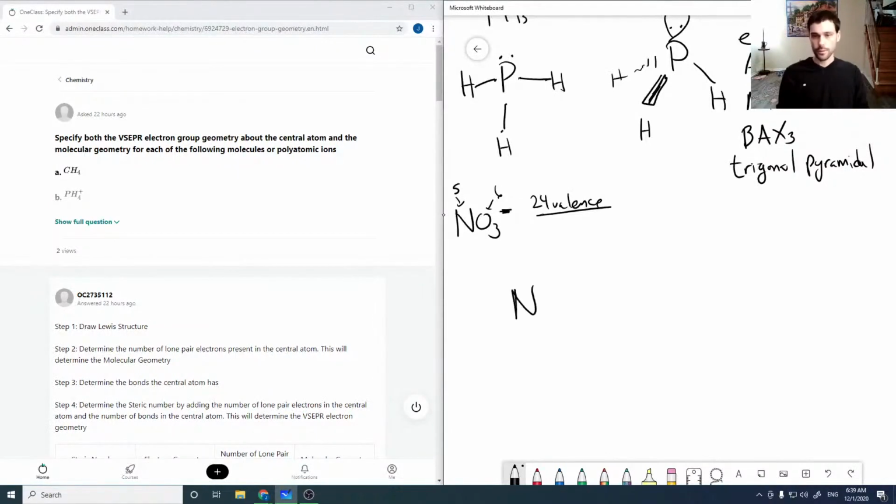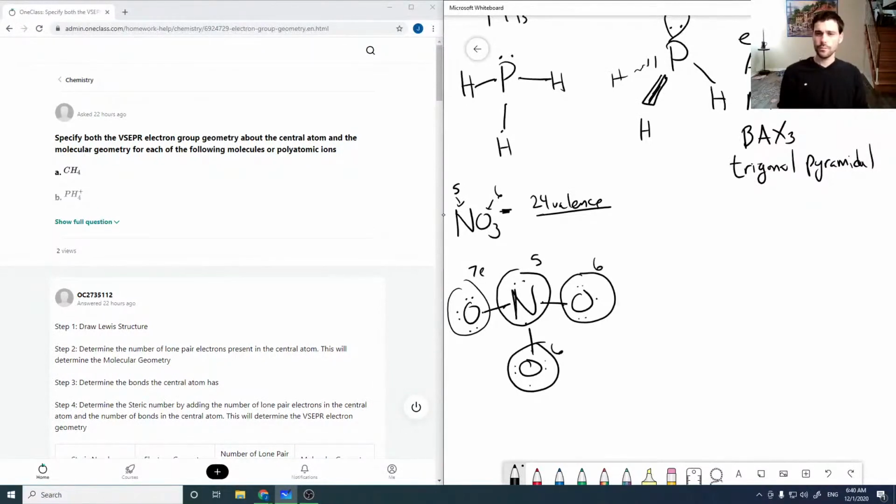So if we try to do our simple Lewis structure, we get something like this. The extra electron we can just add in somewhere to fill up an octet, so that guy's happy. He has 7 electrons around him, 5 electrons, 6 electrons, and 6.